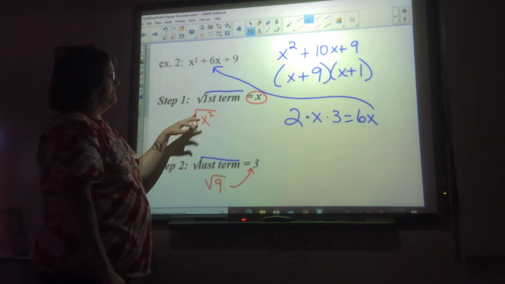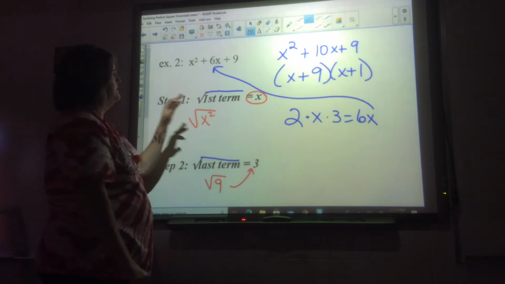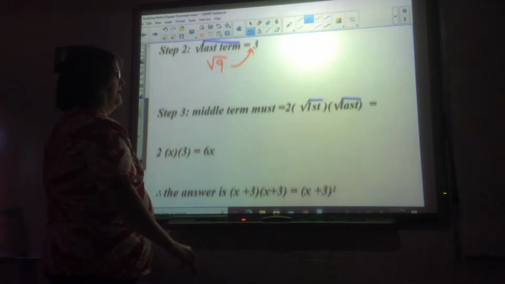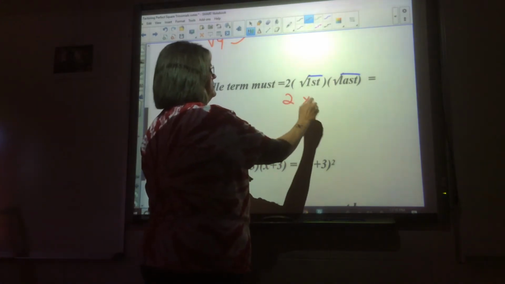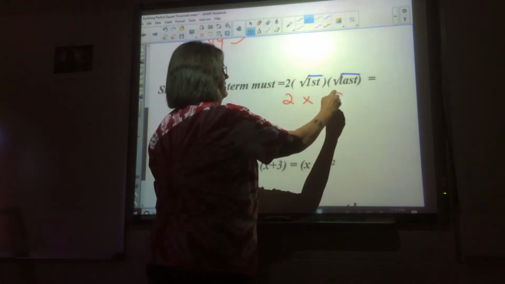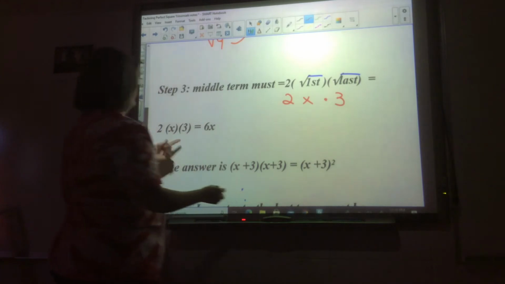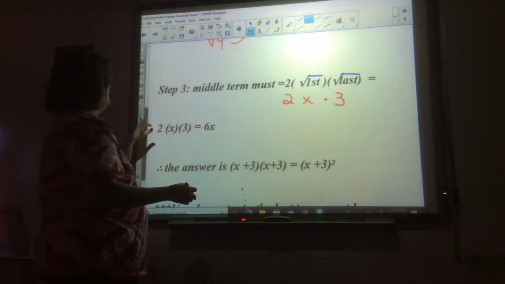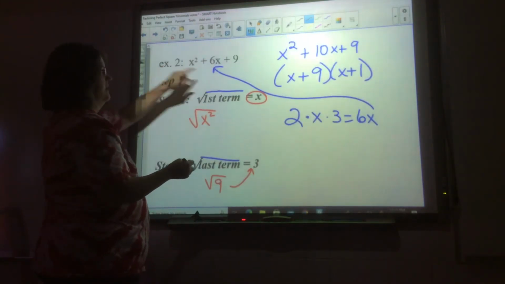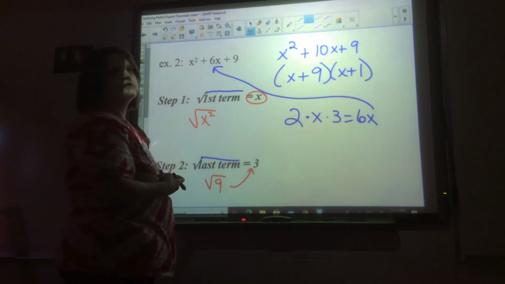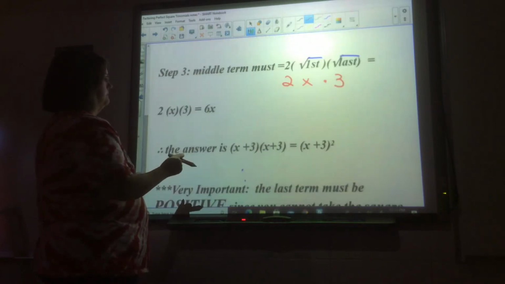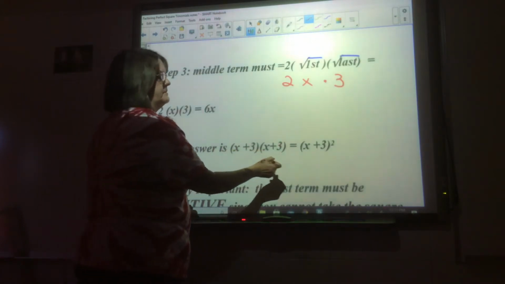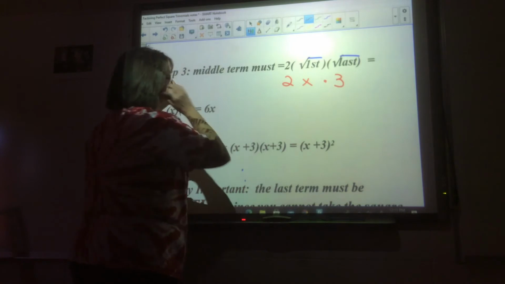Then I take these two, 3 times x, and I multiply it times 2. 2 times the square root of the first term times the square root of the last term. And that gives me 6x. If that happens, and it does, this is called a perfect square trinomial. And it's simple to factor. You just do x plus 3 times x plus 3 and put it in parentheses with a square.